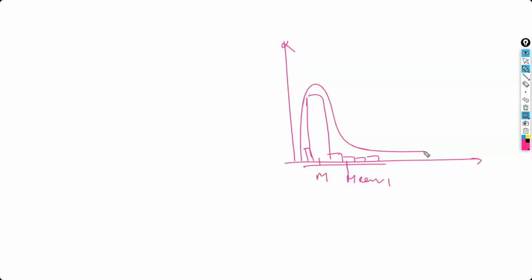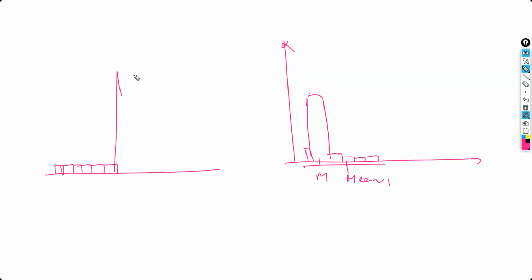Right side has less data. Now the same example, for remembering purpose, I will take small data on the left side and on the right side I will take the big bar, something like this. Now the center, from here to here, obviously is here only.